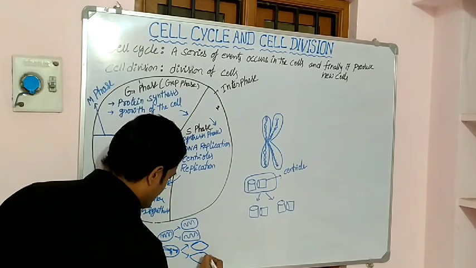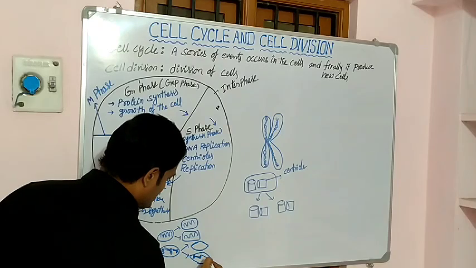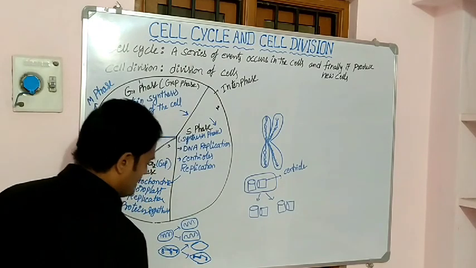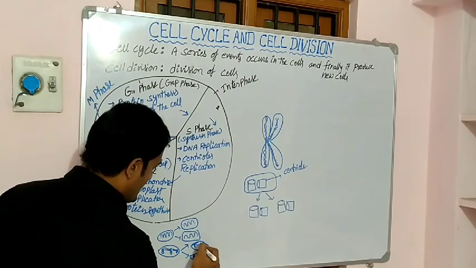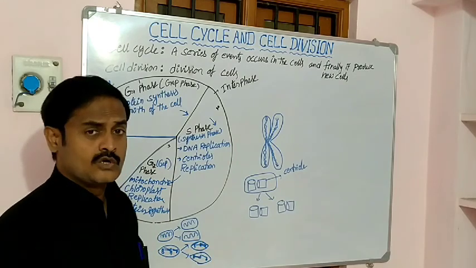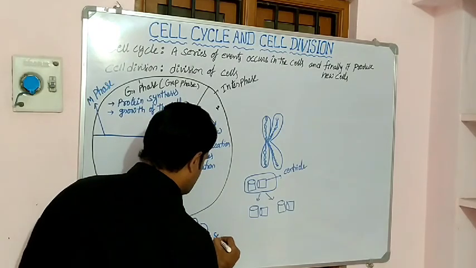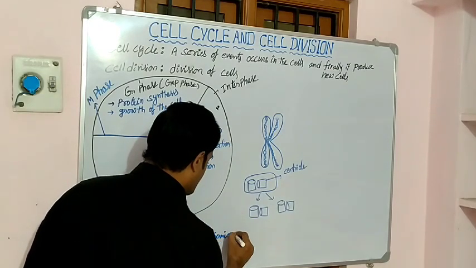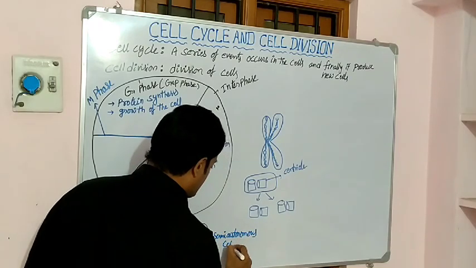How are the mitochondria and chloroplast able to give new organelles? It means they have their own circular DNA. We already discussed this in the previous chapter. They have their own DNA. For that reason, mitochondria and chloroplast together are called semi-autonomous cell organelles.